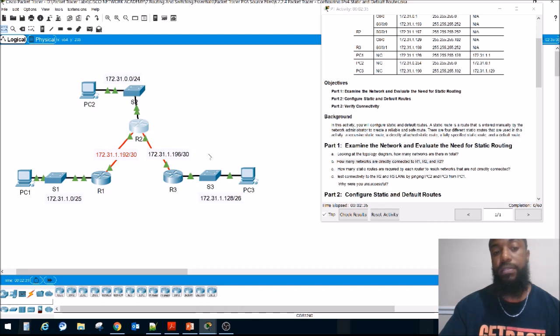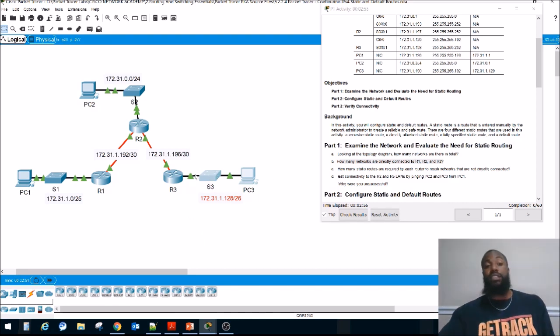Router 3 has 1 network over here and 2 networks over here. So basically he got 2, he got 3, and he got 2. You can just look at the lines connected to them, which tell you how many networks are connected to them. These are local area networks, which don't really break broadcast domains up.